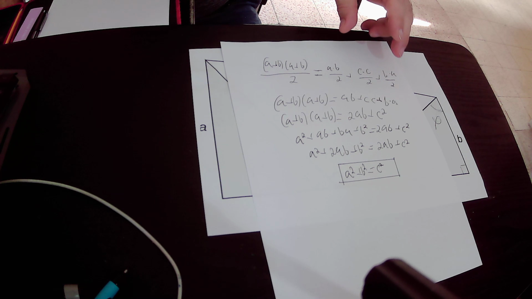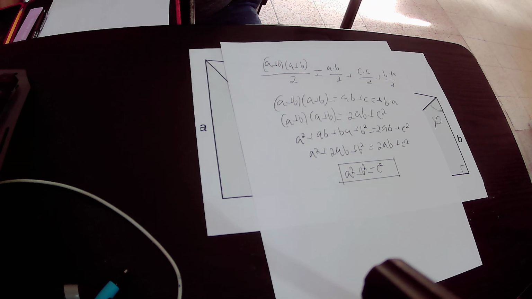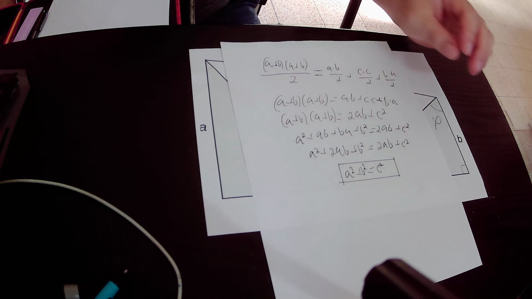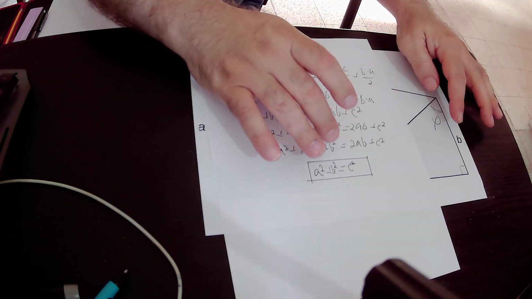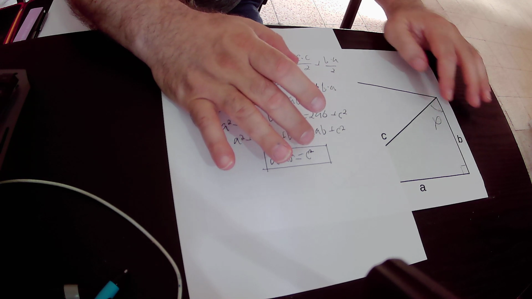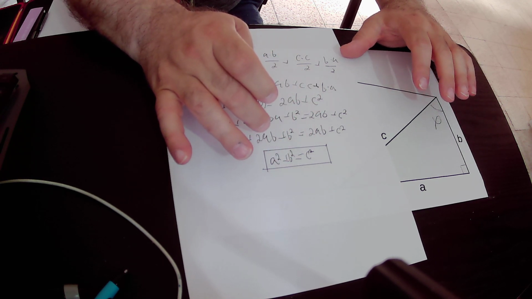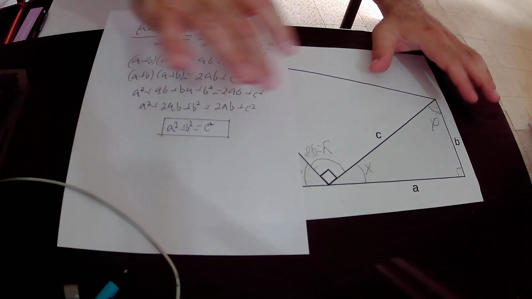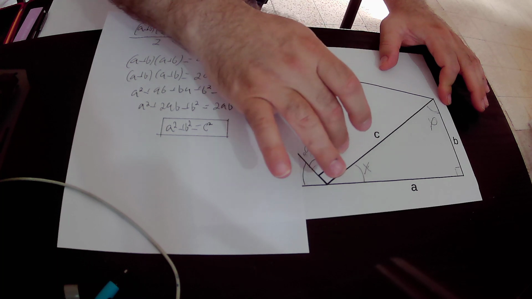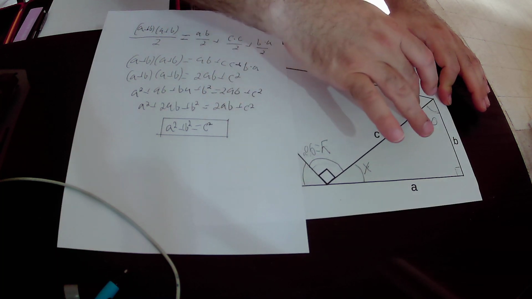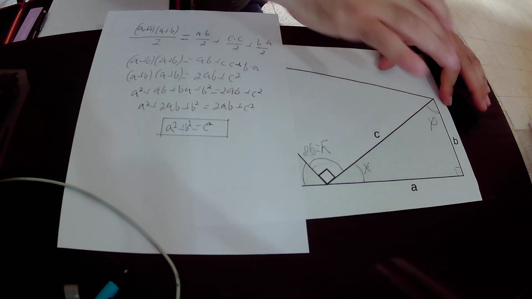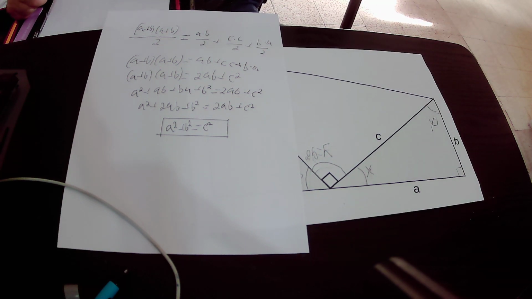Expression 1 equals expression 2, and we developed this equation, and finally we arrived at the last formula that says that the square of the hypotenuse equals the sum of the squares of the perpendiculars, or C squared equals A squared plus B squared. Okay, thank you very much.